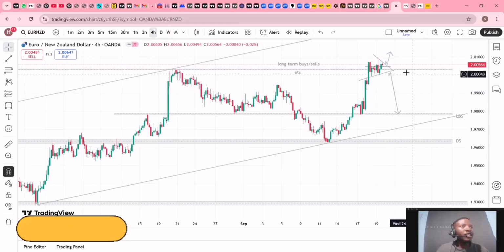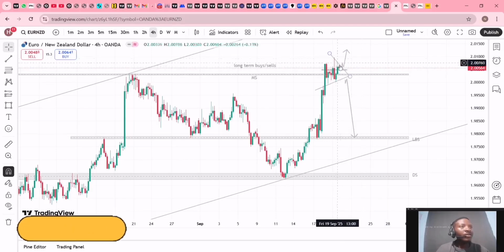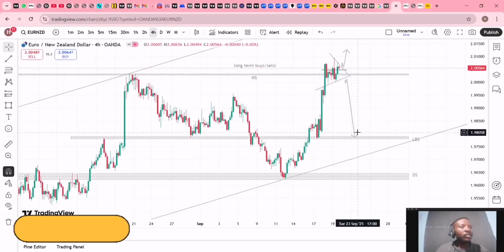So at this level, we equally have a triangular chart pattern. No matter this, my bias is more of a bullish one. I believe the market can break out of this triangular pattern and give us a series of buys, but we can equally see a breakout to the downside and a series of sells.